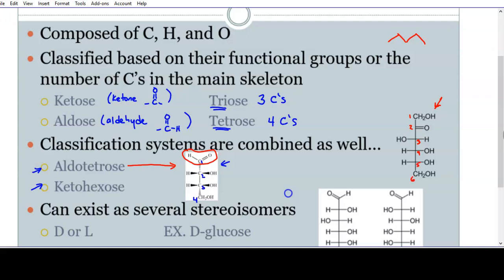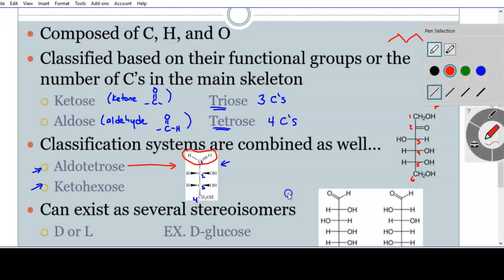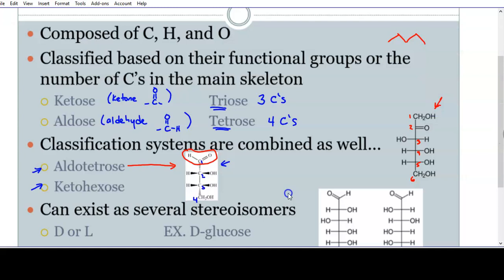So there are 6 carbons in this structure. And I would like you to take note that there is a double bond O-C in the middle of the chain, not on the end. So it is a ketone. So this is a picture of a ketohexose. This picture right here represents that.